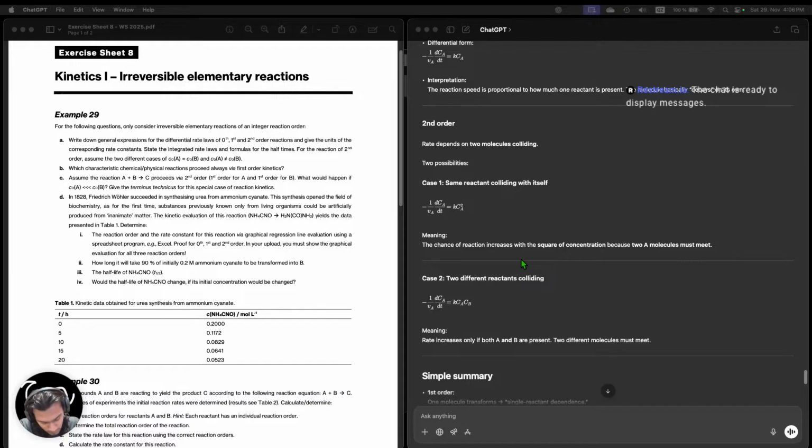differential rate law would be minus 1/VA, derivative of concentration of A divided by dt equals K times concentration of A squared.